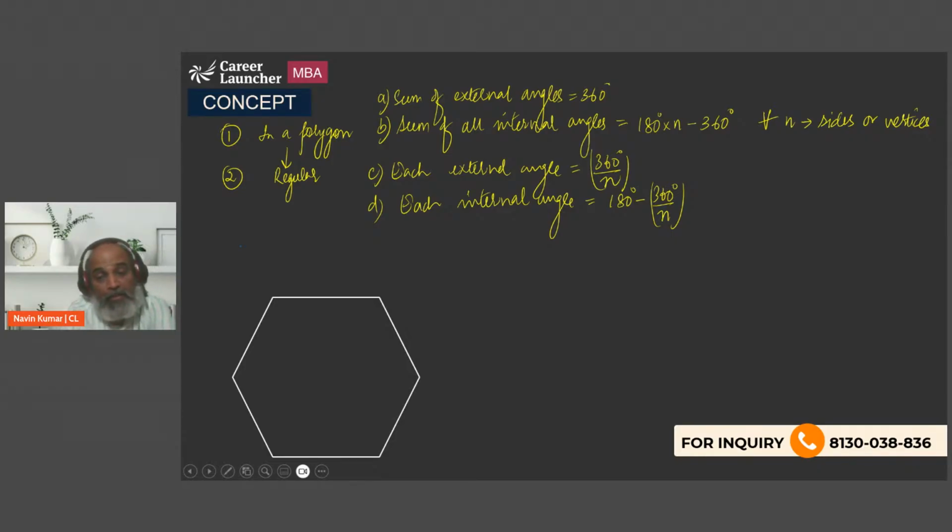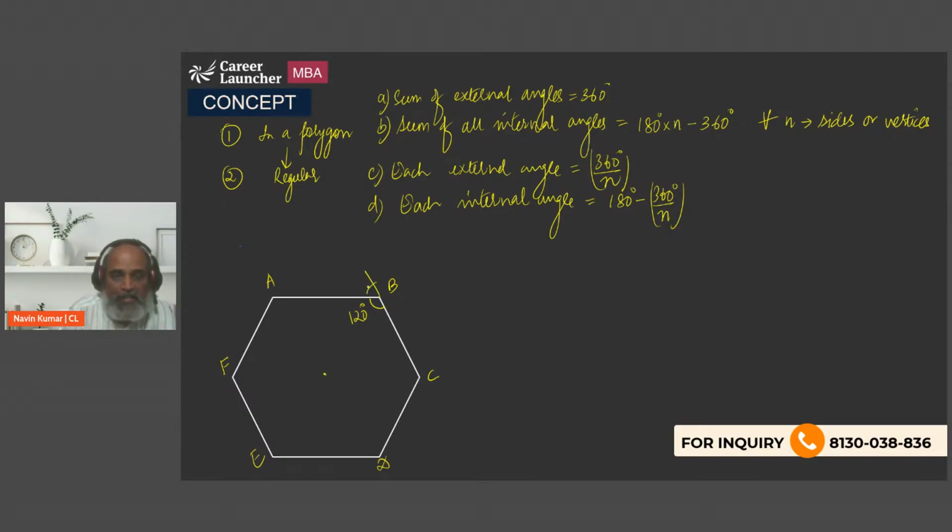Out of all the regular polygons, the most important one is always going to be a regular hexagon. So a polygon becomes a regular polygon when all its sides and all the interior angles are equal. So if we have this regular hexagon, which is A, B, C, D, E, and F, then each interior angle is 120 degrees.